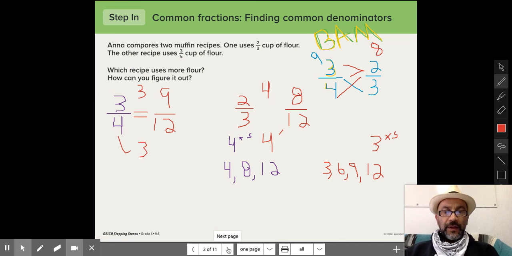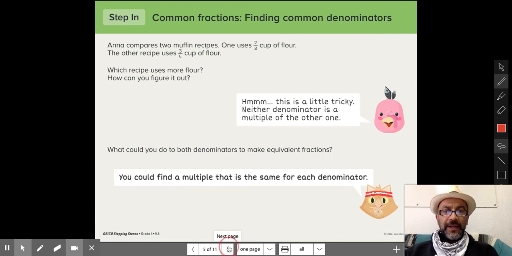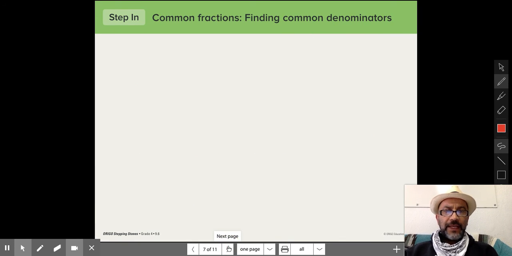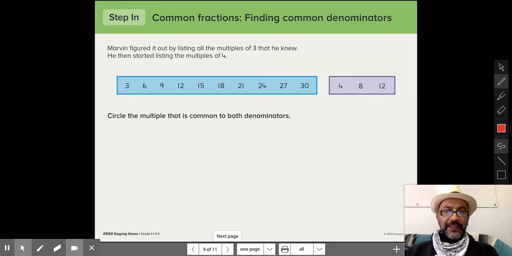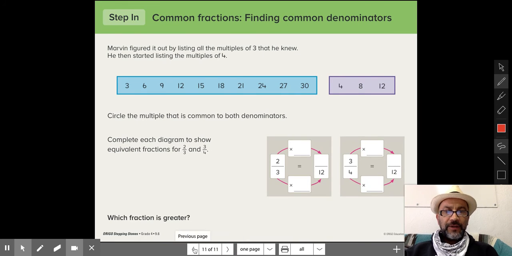All right, now, I skip ahead here, and what they did in their heads is, oh, that was the page. They got the multiples. They went all the way to 30. And they did the 4 timetables over here, the multiples. And they did 2/3, and they got the common denominator 12.